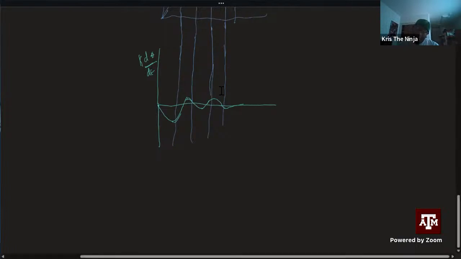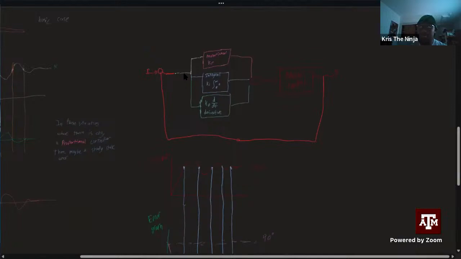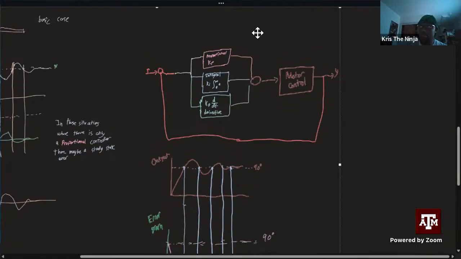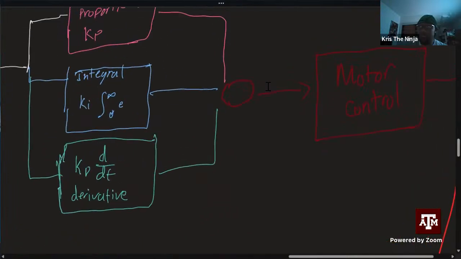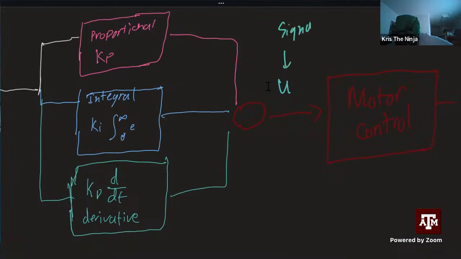For example, let's say that this is U. Well, U is a signal, and these are all blocks.